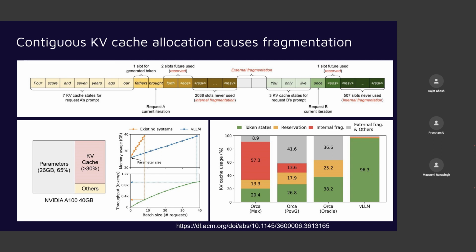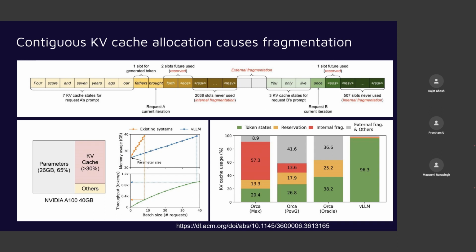In KV caching, K stands for key and V stands for value. You cache some of your immediate vicinity context so that you can call it when you are generating a token, and that improves your generation time. This was originally done two or three years back when this generation mechanism came out.